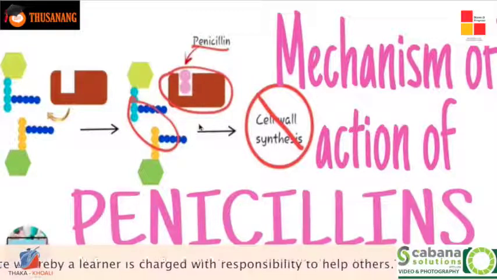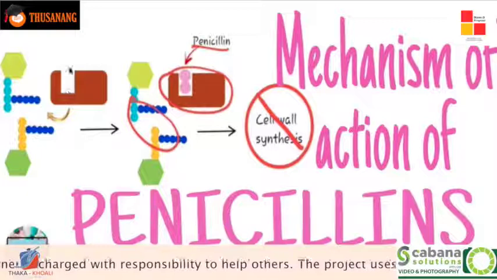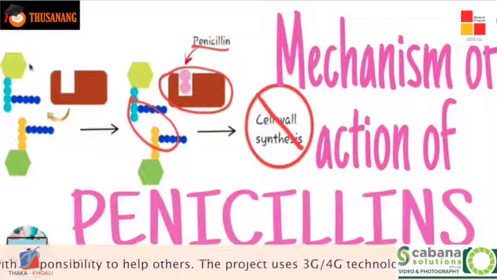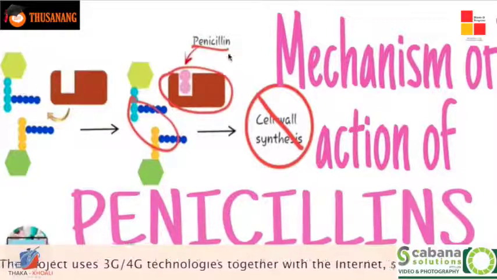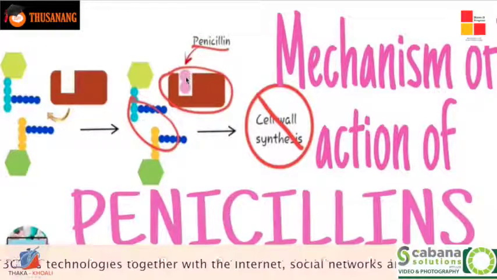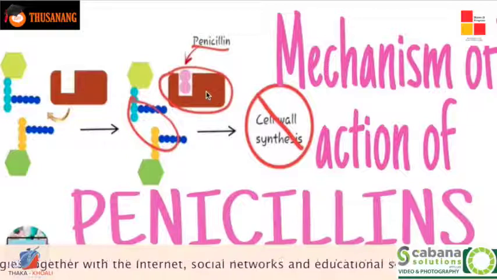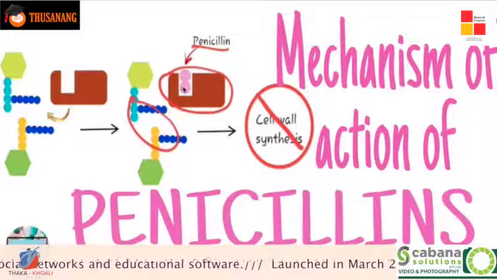The problem is that in the active site, where the enzyme is supposed to bind the substrate and form an enzyme-substrate complex, we have penicillin filling the active site. Penicillin is inhibiting this enzyme from catalyzing this reaction.